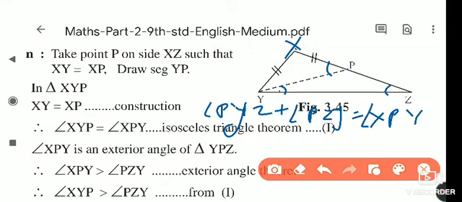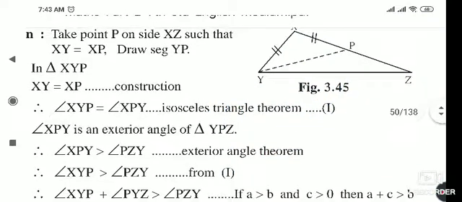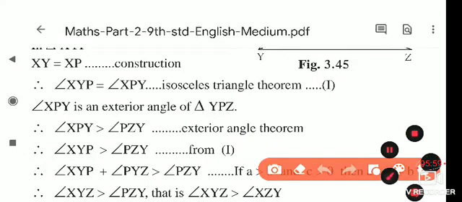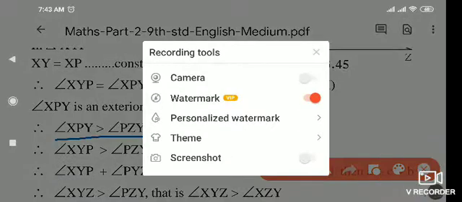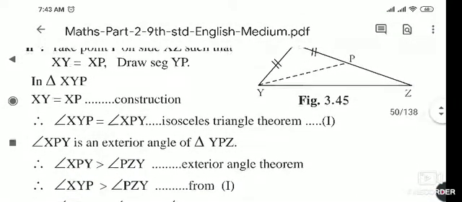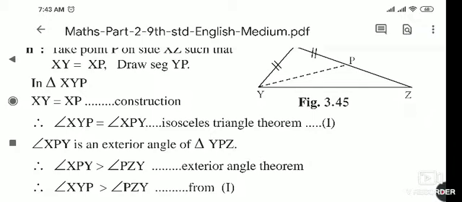So these two angles' sum is equal to this angle. So XPY is greater than PZY, and also PYZ. That is written here: XPY is greater than PZY because of the exterior angle theorem.